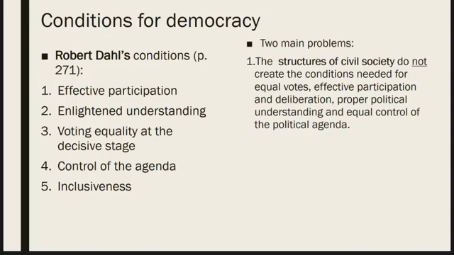So he's saying that the structures of civil society, including things like sexual and racial inequalities, as well as the current forms of property ownership and wealth, are the things that mean that we do not have the conditions for truly equal votes and truly effective participation in deliberation and so on.